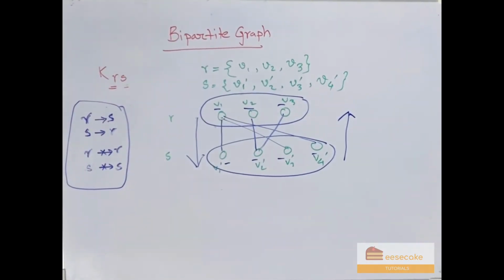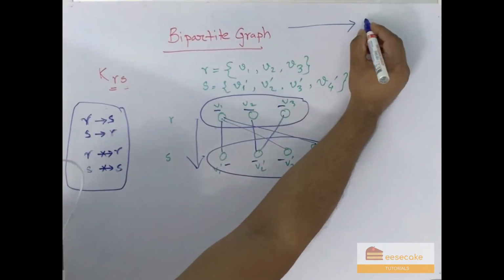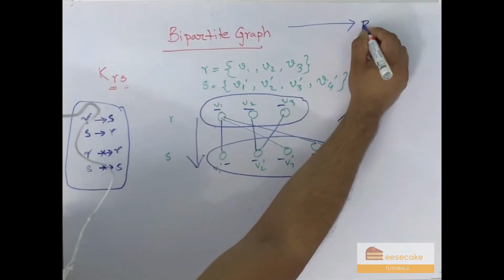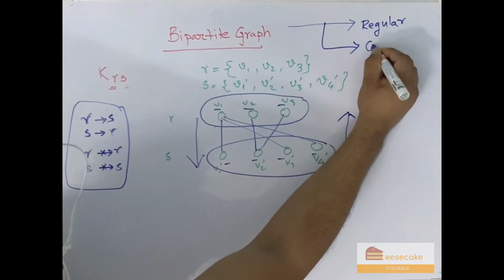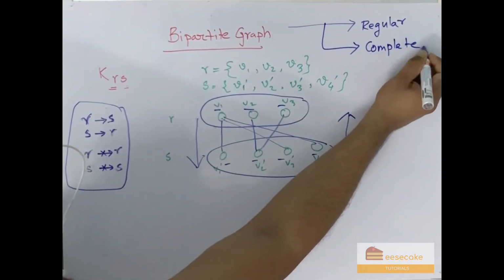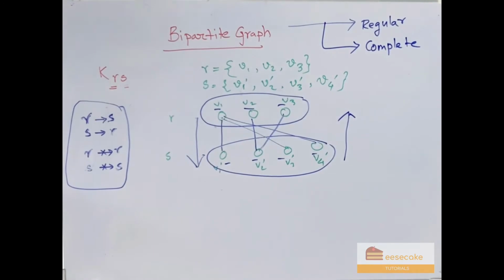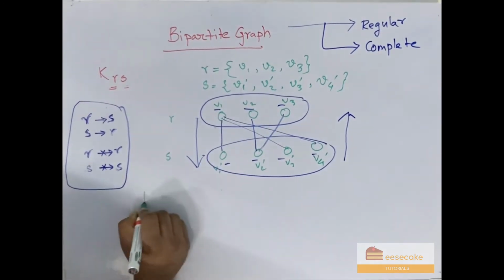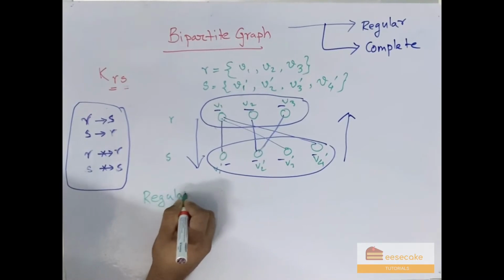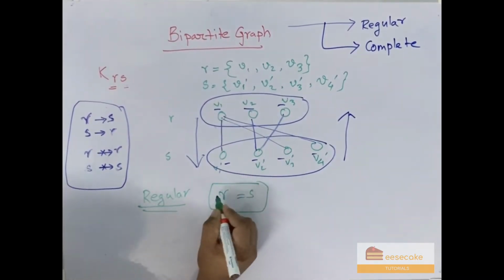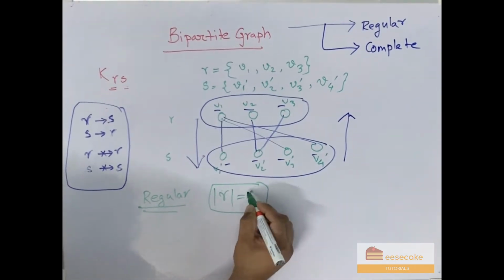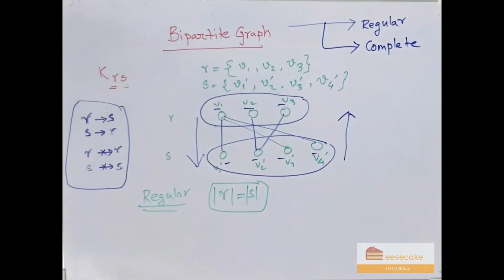Now there are two kinds of bipartite graph. One is called a regular bipartite graph and another one is called a complete bipartite graph. Now what is a regular bipartite graph? A regular bipartite graph is a graph where |R| is equal to |S|, or the number of vertices in R and the number of vertices in S, the cardinalities, are equal.